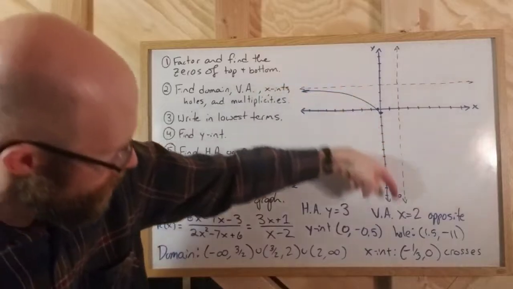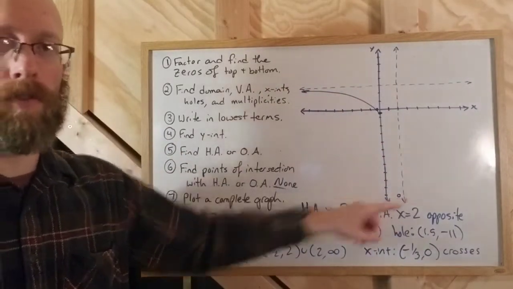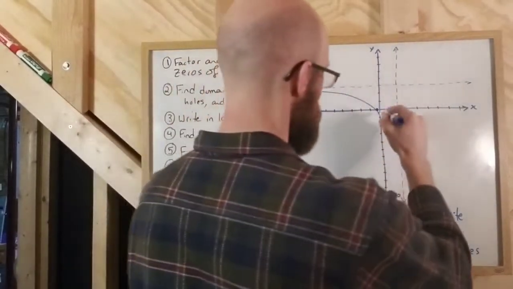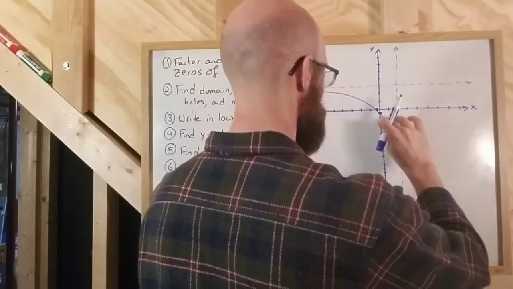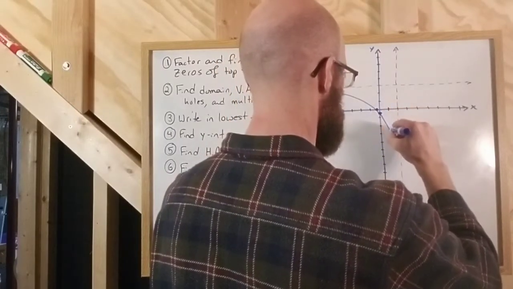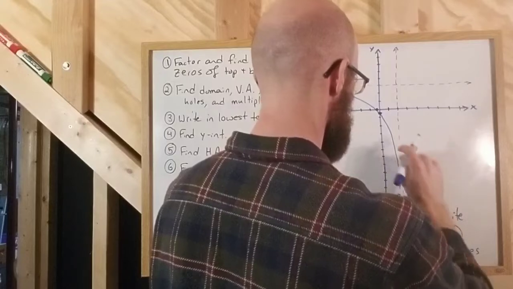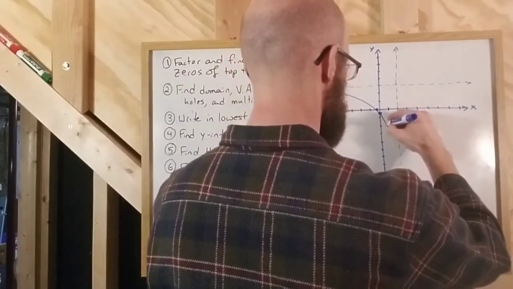And then it has to come down to the vertical asymptote, but I have to skip over that hole. Okay. Let's make that a little bit smoother. Oh, I'm missing. That is not going well. There we go.